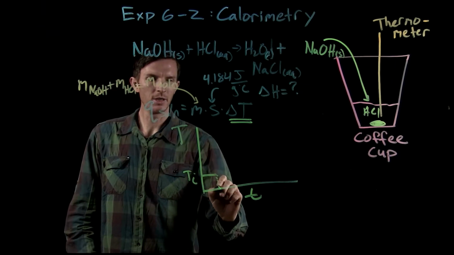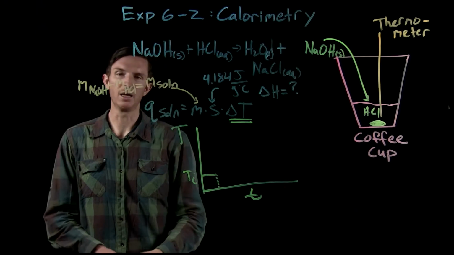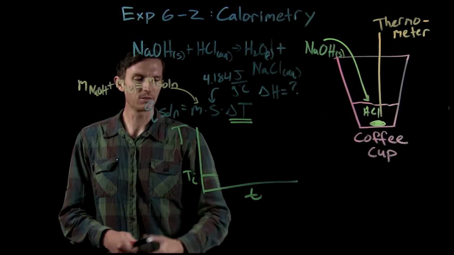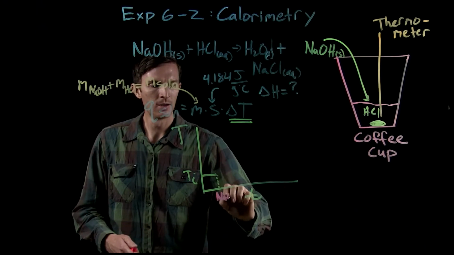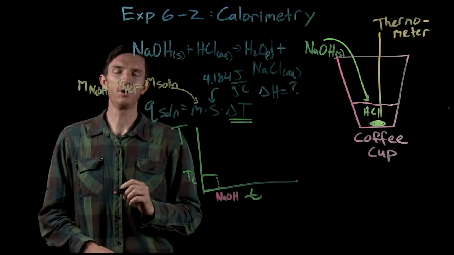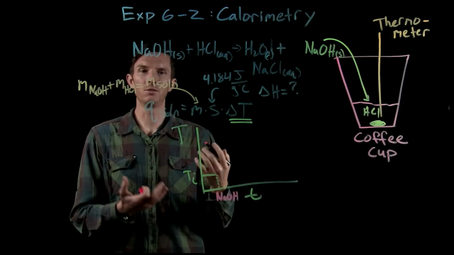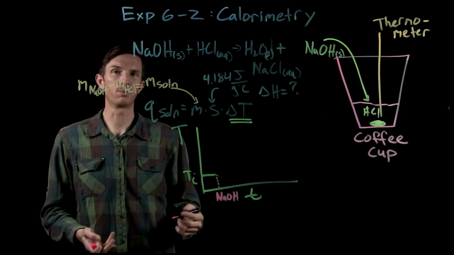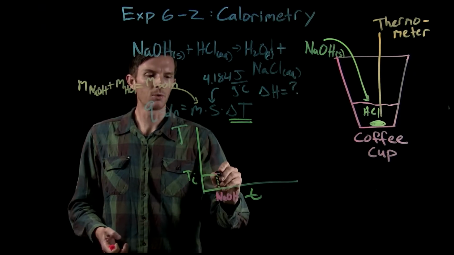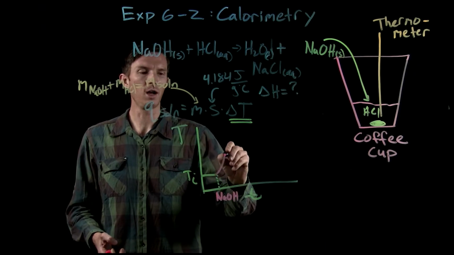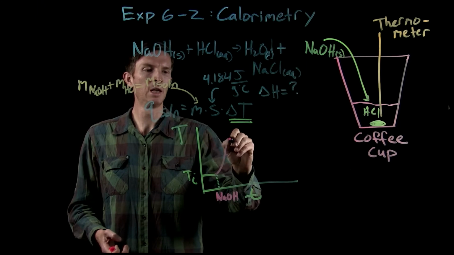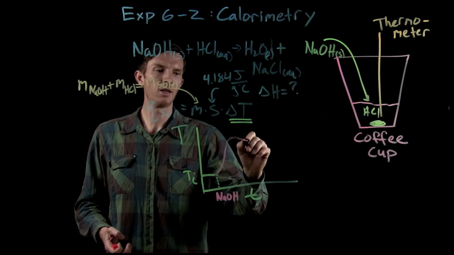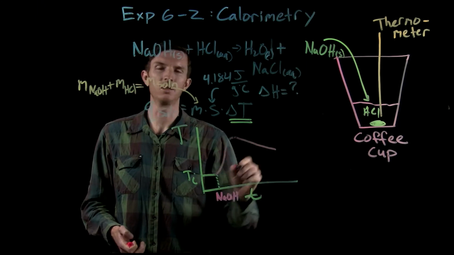Now at some point, we'll add in our reagent. Let's say we add in our sodium hydroxide at this point. We're going to start to get a reaction to occur. Now if this is an exothermic process where it's releasing heat, we're going to see that our temperature should go up. At some point it's going to max out and then slowly start to decrease.